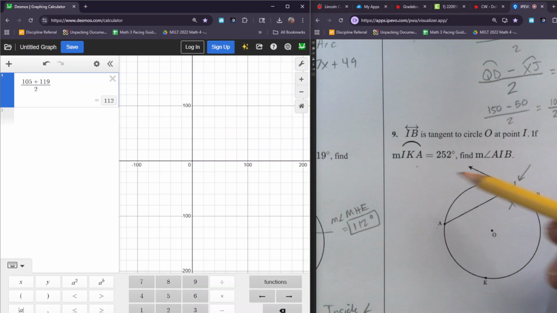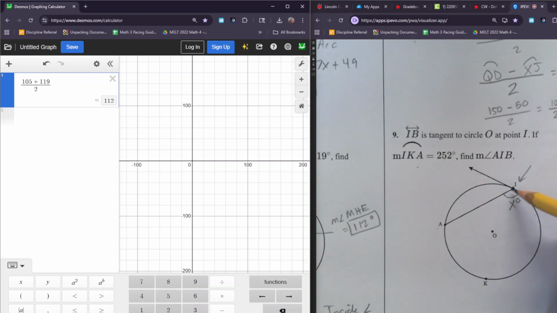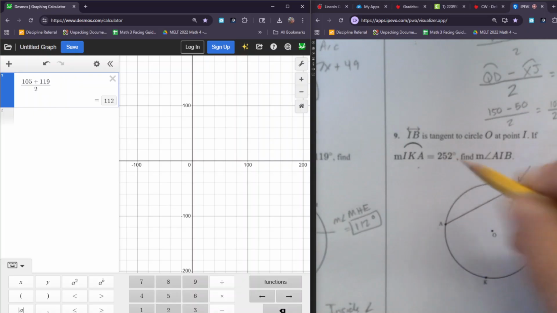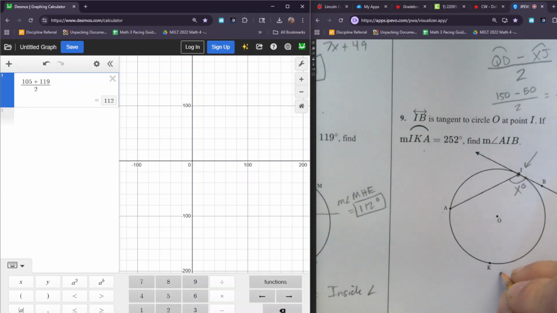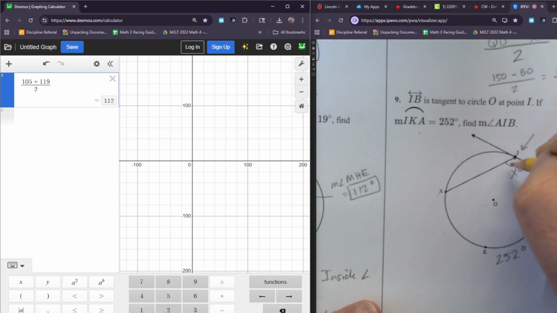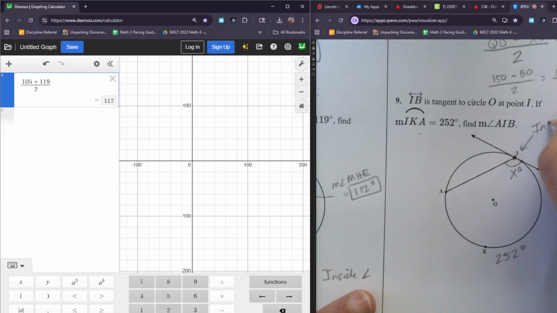Okay, so we're looking for this angle right here. If IKA, which is this big major arc here, is greater than 180, right? Regardless, this is still an inscribed angle because the vertex of the angle is on the circumference.